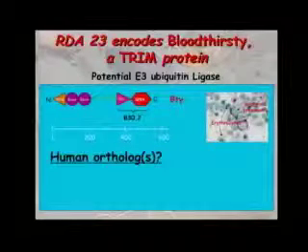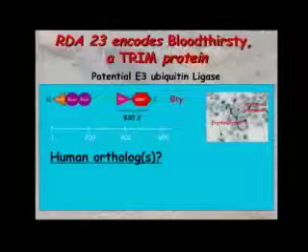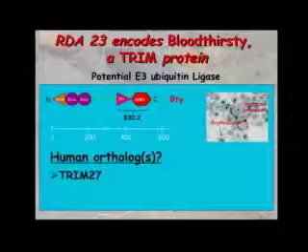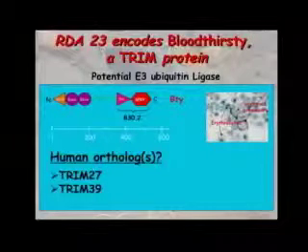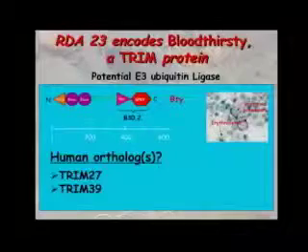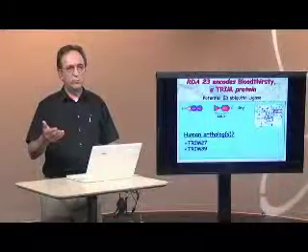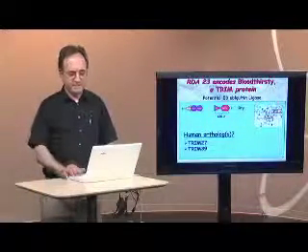There are about 75 different human genes in the TRIM family. And we wondered what bloodthirsty might correspond to. When we did the bioinformatic analyses, we came up with two answers, TRIM27 and TRIM39. There was no reason to pick one or the other, so we had to test both of them.